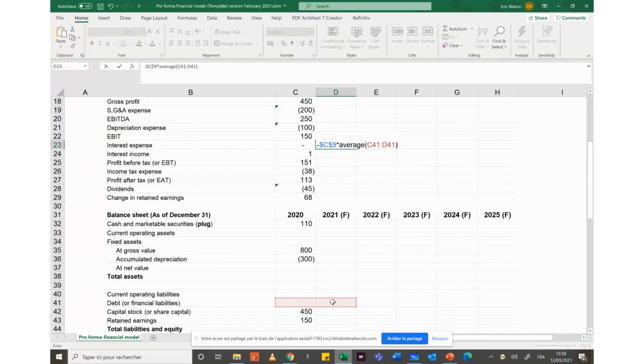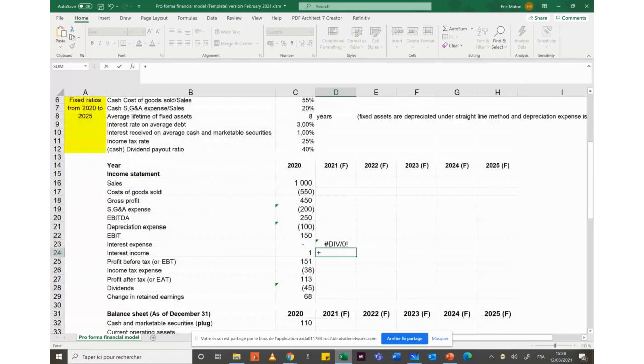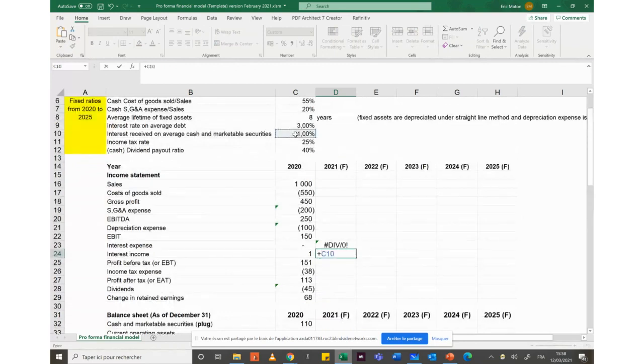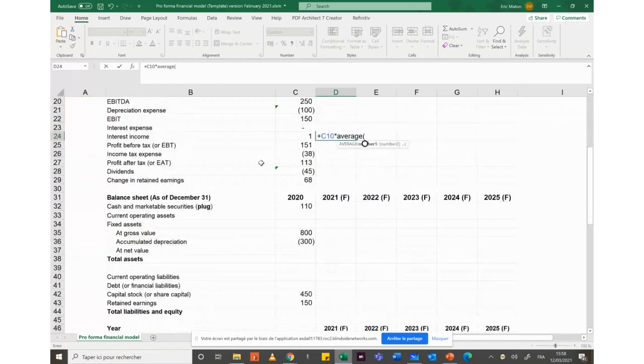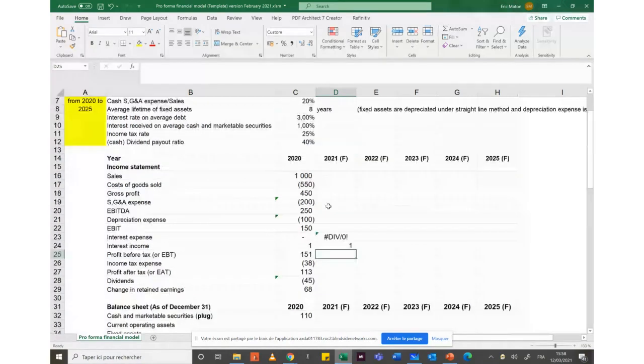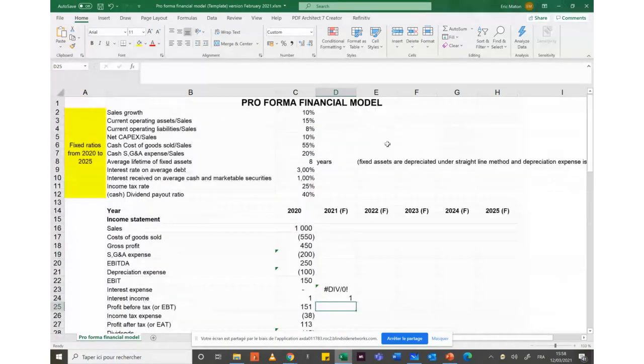The interest income is in function of the average cash and marketable securities. I put dollars here. Okay, dollars here also.